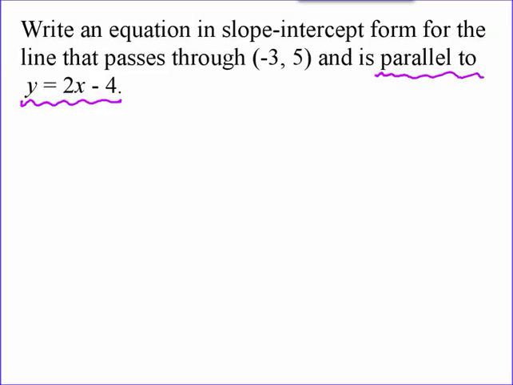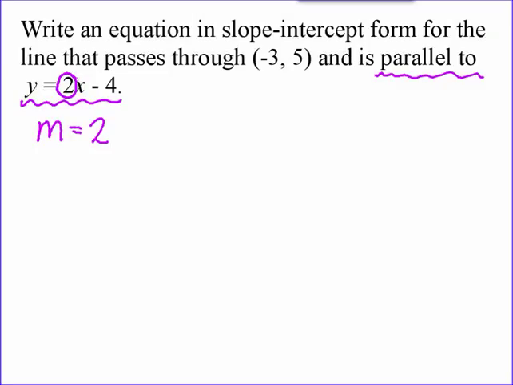So what you need to do there is find the slope of that line. What is the slope of this line? 2. For those of you wondering where 2 comes from, remember y equals mx plus b, and so that is going to be my slope. So if I'm writing a line parallel to that, that has to be the exact same thing. So a parallel line has to have the slope of 2 in this problem.